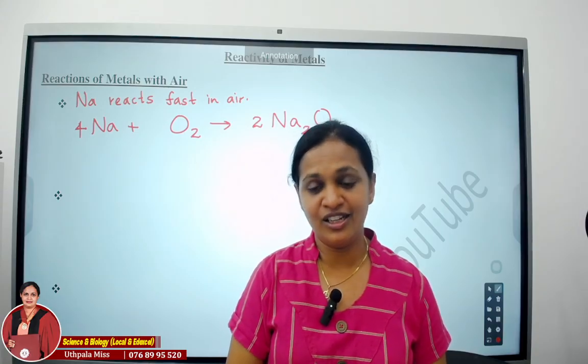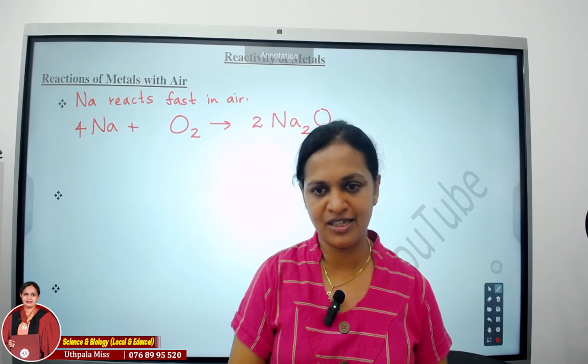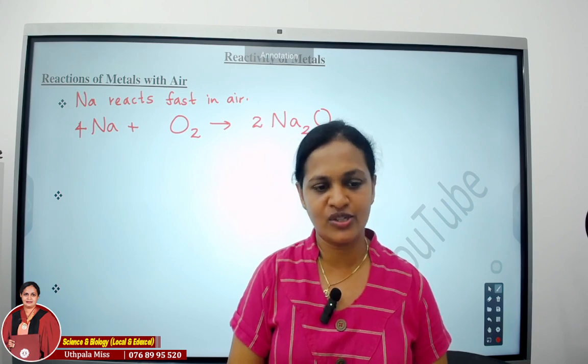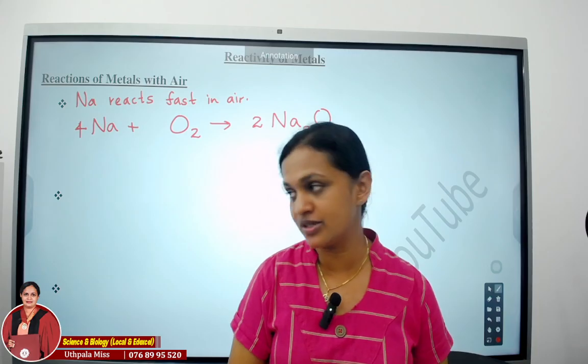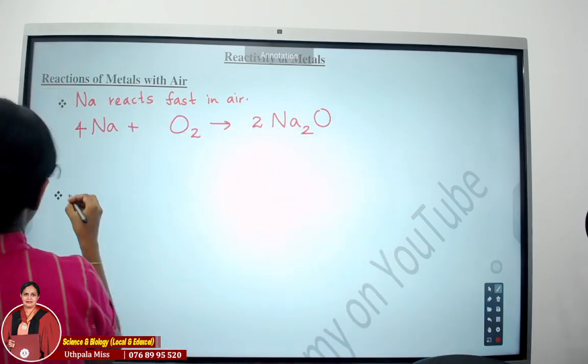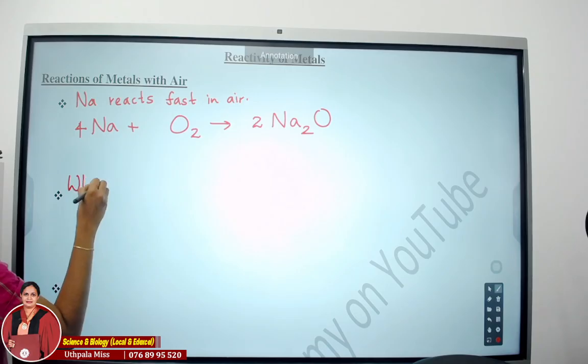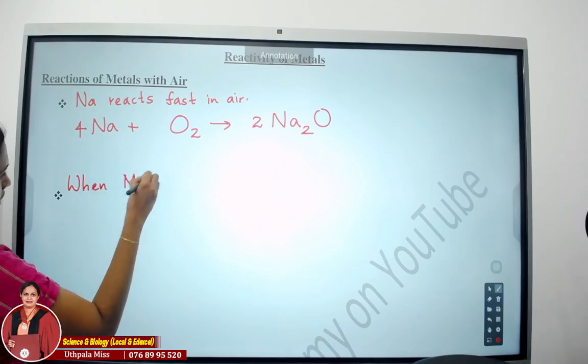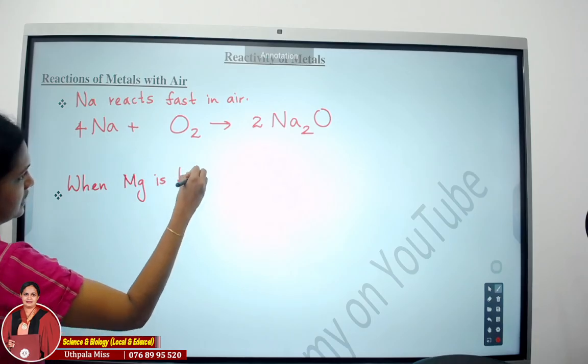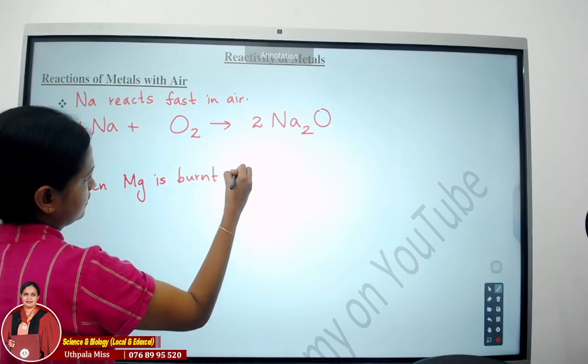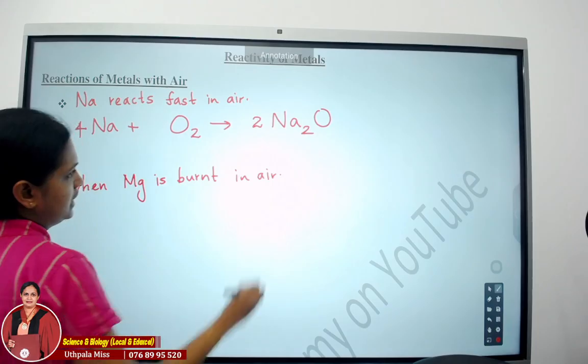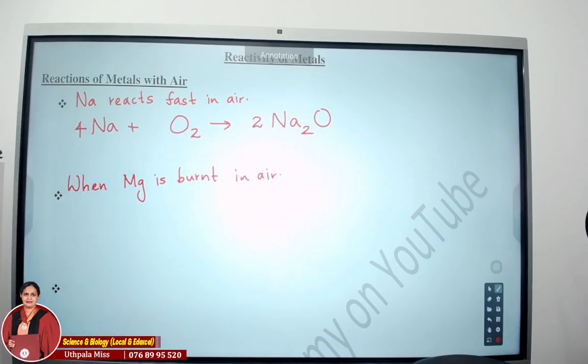Then if we burn a strip of magnesium in air, it reacts with oxygen, forming magnesium oxide. So next, when magnesium is burnt in air, write the balanced chemical equation. Burning means once again reacting with oxygen.